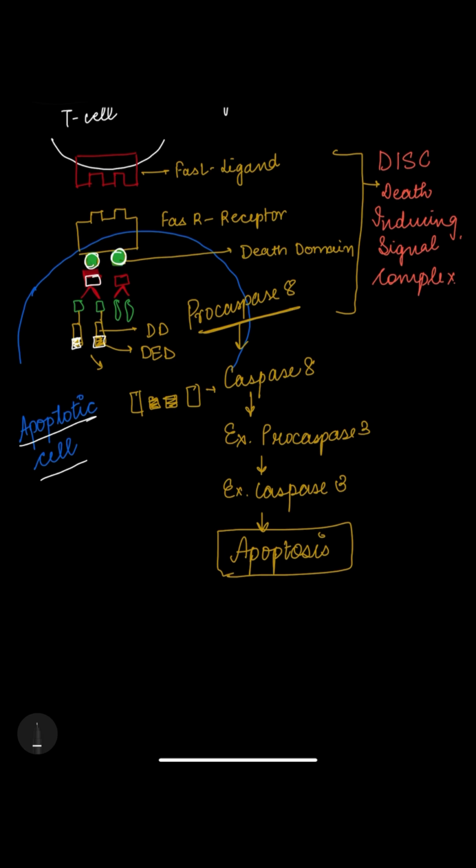If you haven't seen the previous video, you might be getting a little confused. Please first see that one, then it will be clear what is going on. The cleavage occurs, the cleavage sites come together, and thus the procaspase converts into caspase.